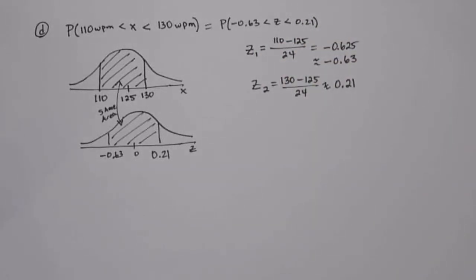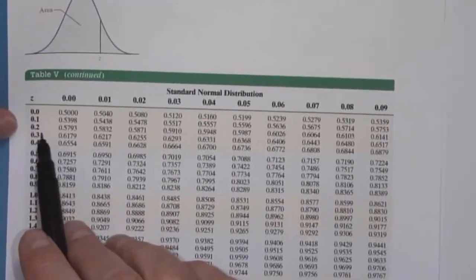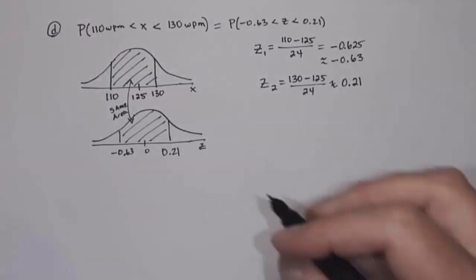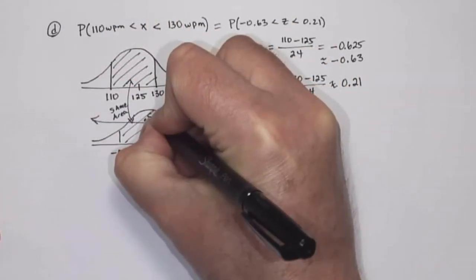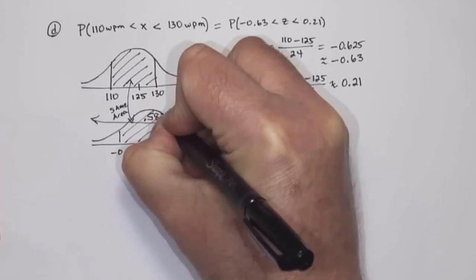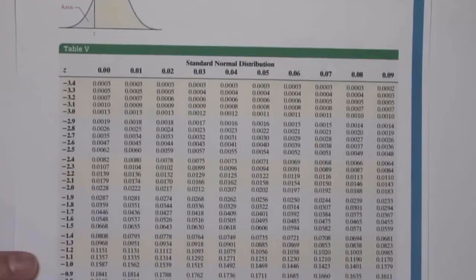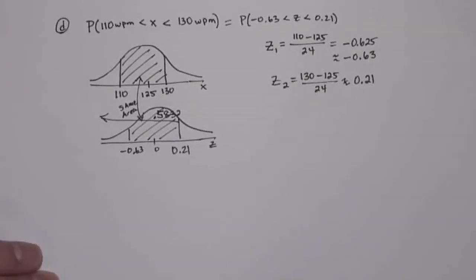So looking up in the table, 0.21, the area to the left of that would be 0.5832. So this area is 0.5832. And looking up negative 0.63, that is 0.2643.